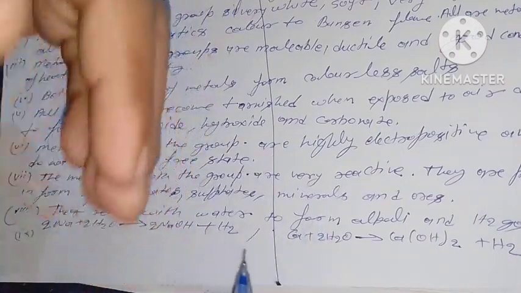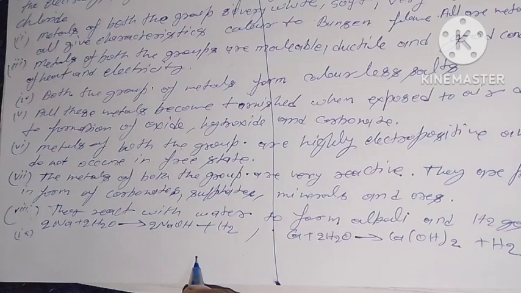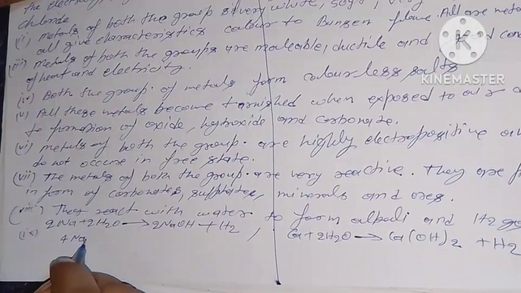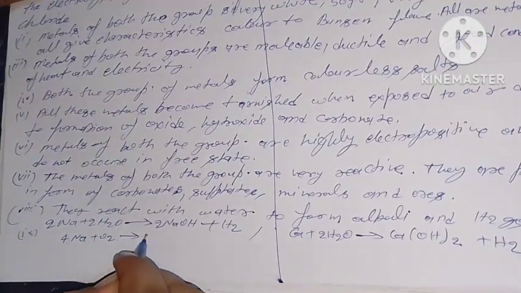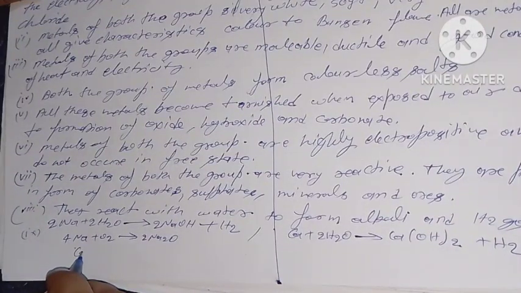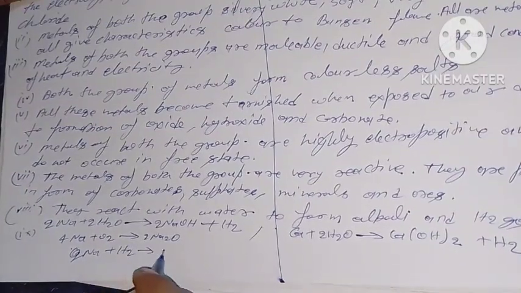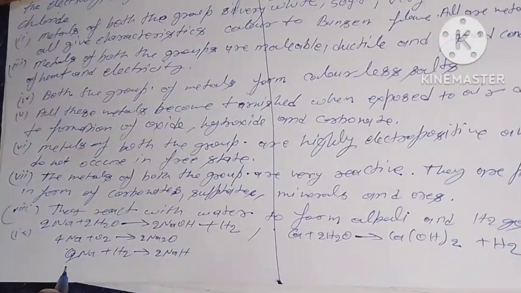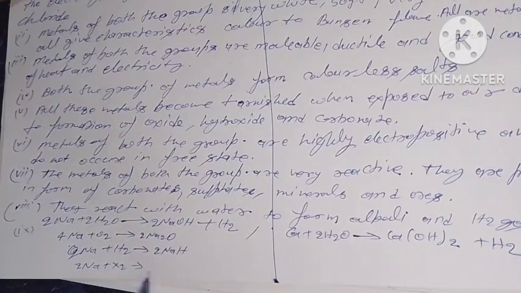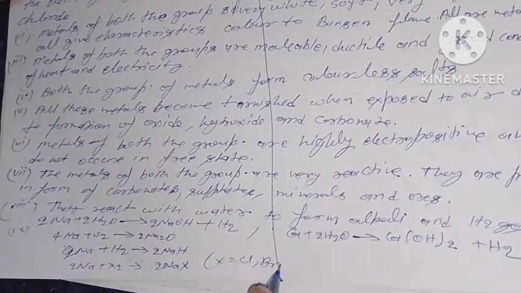Ninth point. They react with oxygen, hydrogen and halogen and form oxide, hydroxide and halide respectively. 4Na plus O2 gives 2Na2O, sodium oxide; 2Na plus H2 gives 2NaH; and 2Na plus X2 gives 2NaX, where X is chlorine, bromine, iodine.